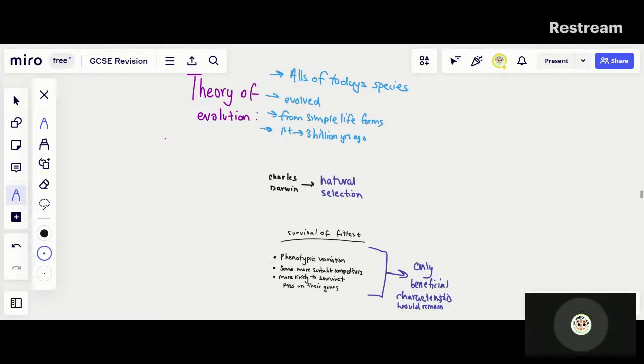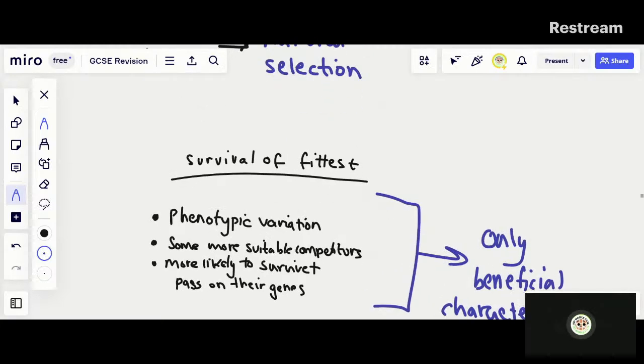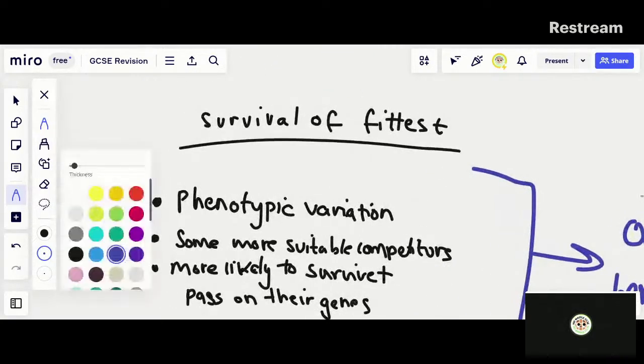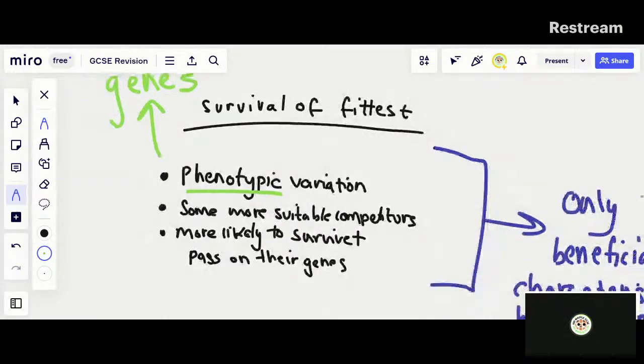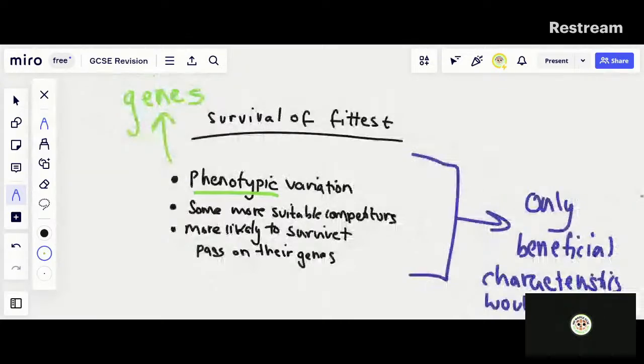We now know that the phenotype is controlled by genes. So the phenotypic variation is controlled by genes. And new phenotypic variations arise because of genetic variants, and genetic variants come from mutations.